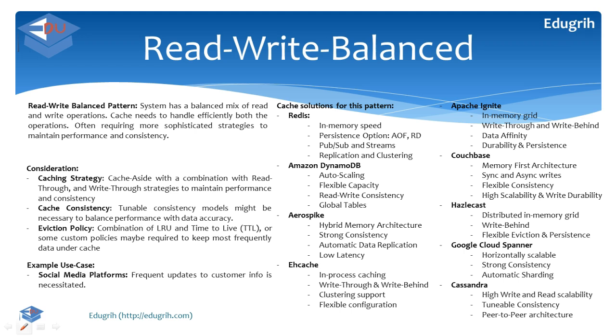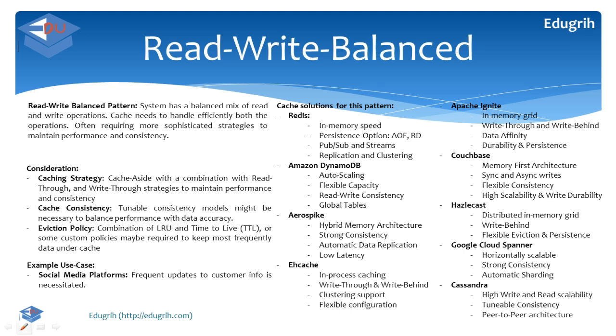Durability and persistence, it ensures that your data is durable as well as persistent. Couchbase, memory first architecture. Memory is first updated before touching upon the actual data store. Sync and async writes, flexible consistency, high scalability, and write durability.